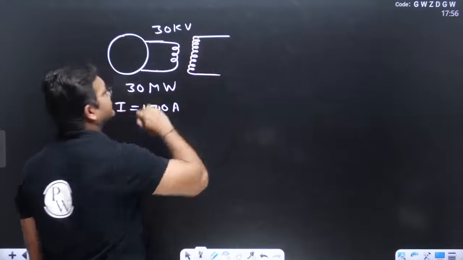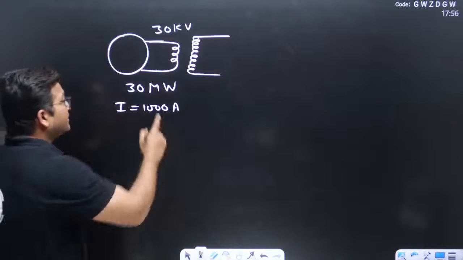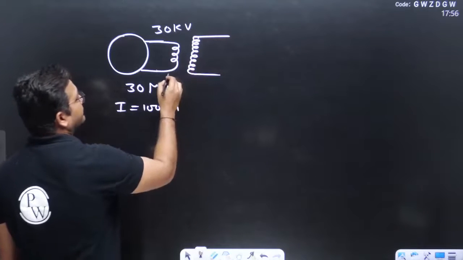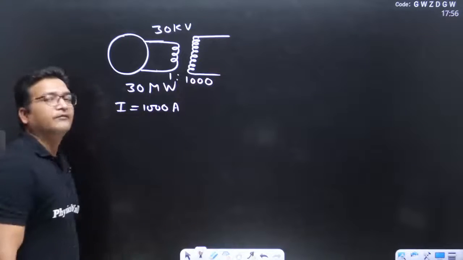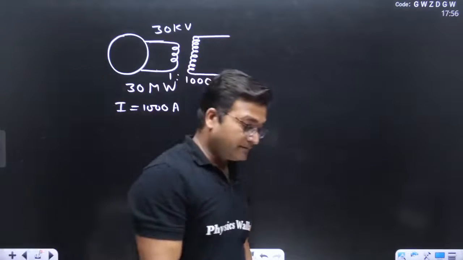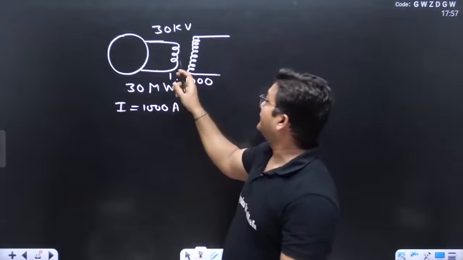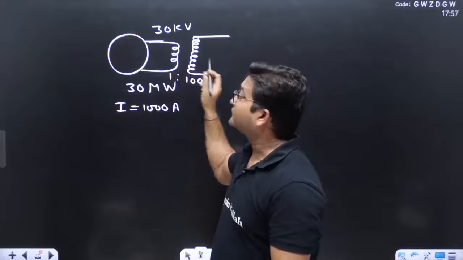And the transformer is such that the turn ratio here is, let us say, 1:1000. So number of turns here and here are in the ratio of 1:1000.